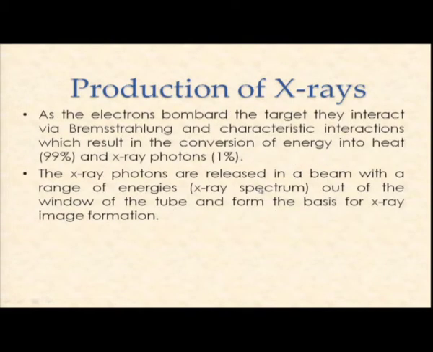As the electrons bombard the target, they interact via Bremsstrahlung and characteristic interactions. Bremsstrahlung is a German term which means breaking radiation. This results in the conversion of energy into heat and X-ray photons. 99% of the energy is converted into heat and only 1% into X-ray photons when a fast moving electron bombards the target.